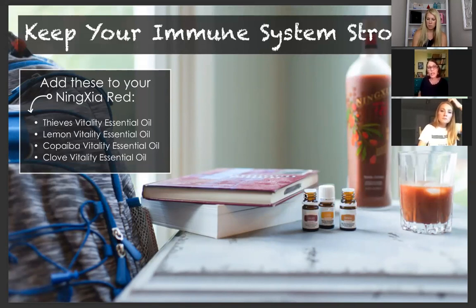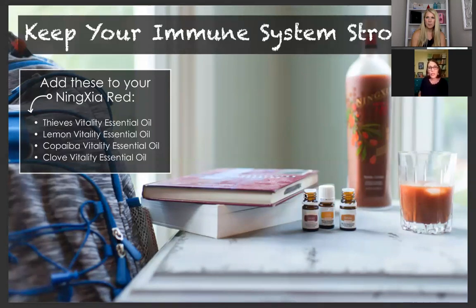The next oil that you can put a drop into your Ningxia Red every morning is Copaiba Vitality. Copaiba Vitality has a naturally occurring beta-caryophyllene and alpha-humulene, both of which support the body's natural response to injury or irritation.